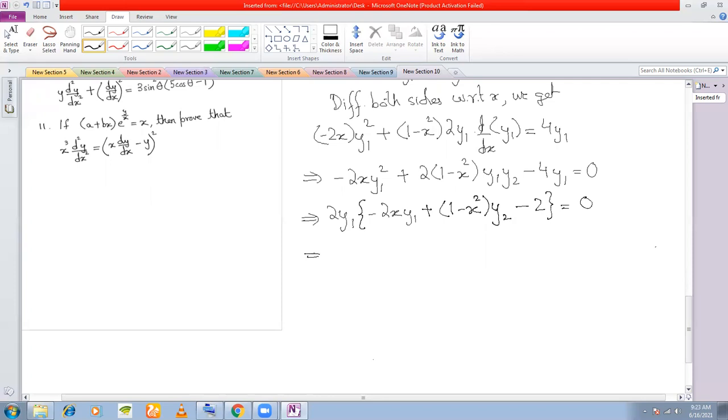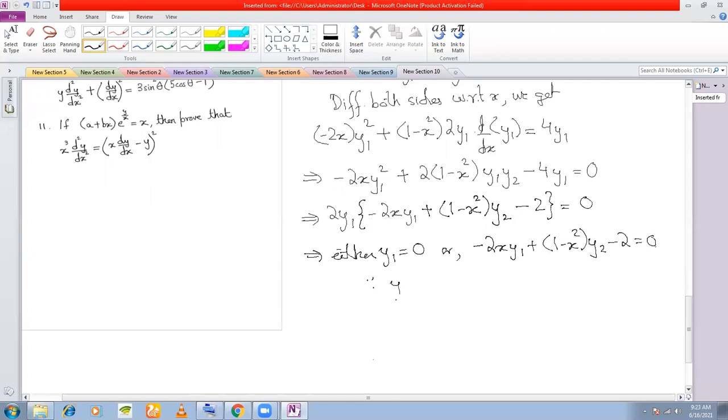So that means either y1 is equal to 0 or minus 2x y1 plus 1 minus x square y2 minus 2 is equal to 0.